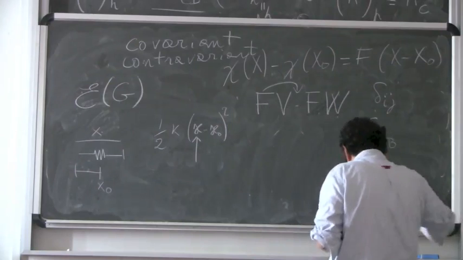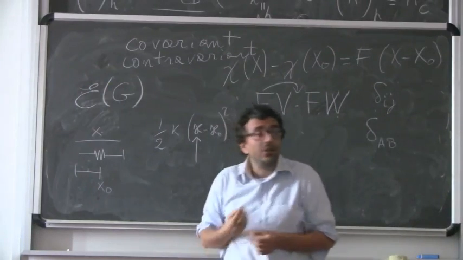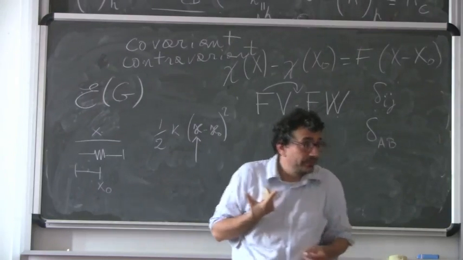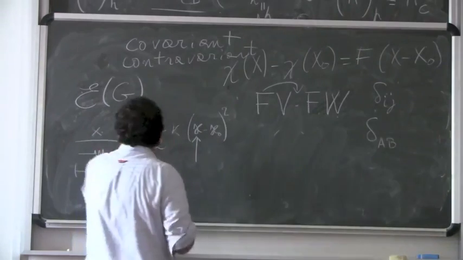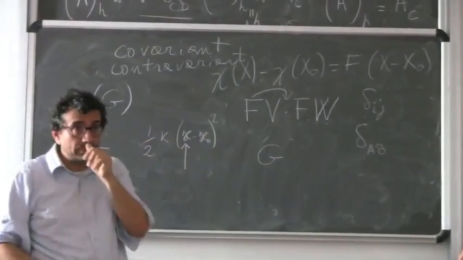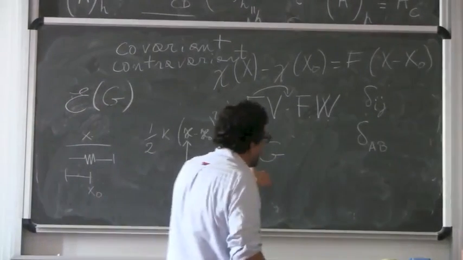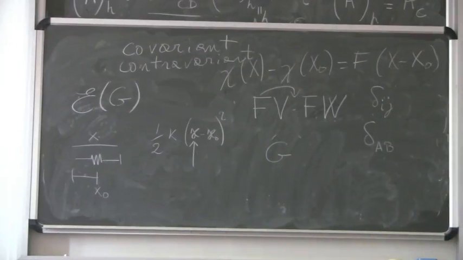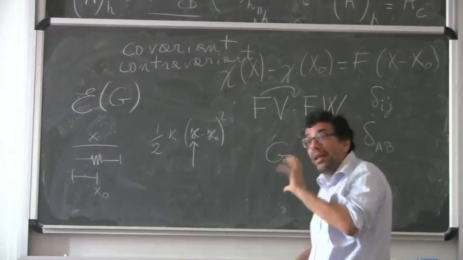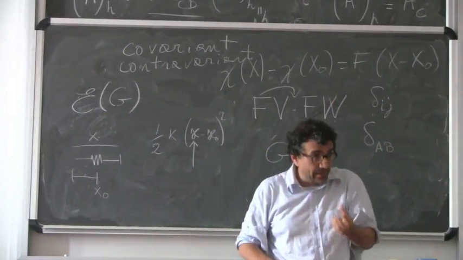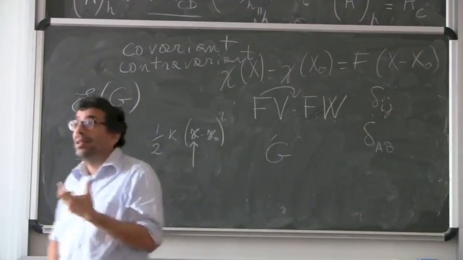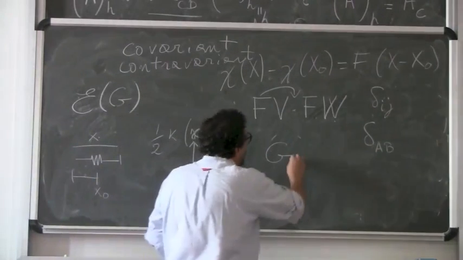Now, technically, you can understand this. I don't have one number measuring deformation. I have a tensor. A symmetric tensor, G. And this tensor, if you have chosen a basis for the Lagrangian vector space, has the components G_AB.